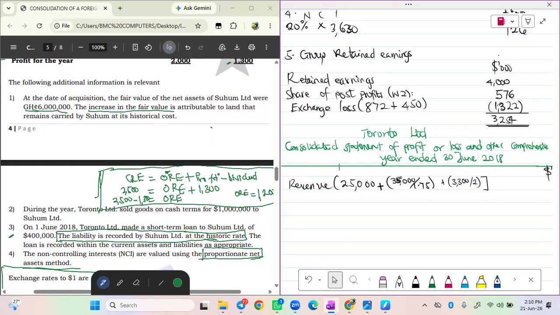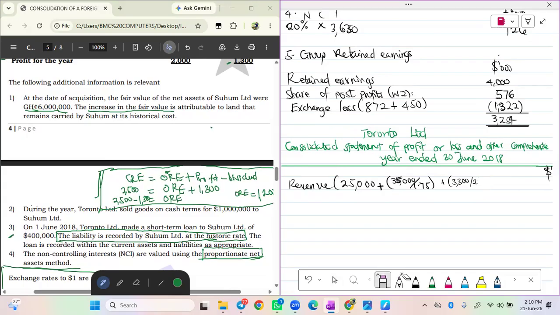So please, what do you have as our revenue figure? The first one is $20,000. So we have to add the plus 3,300. So it's 21,650. Hold on.